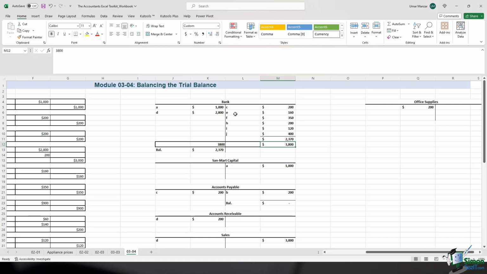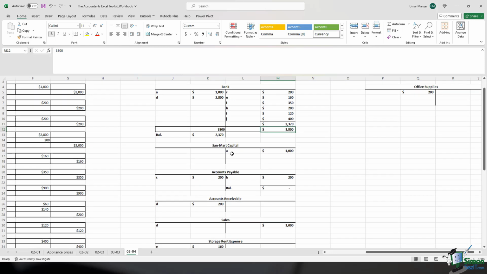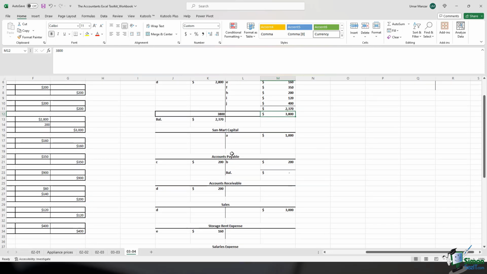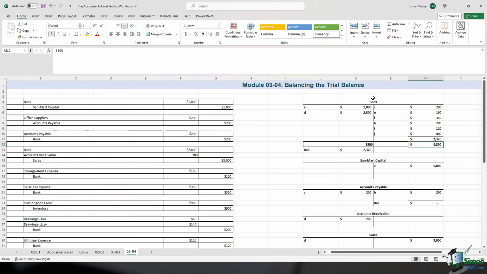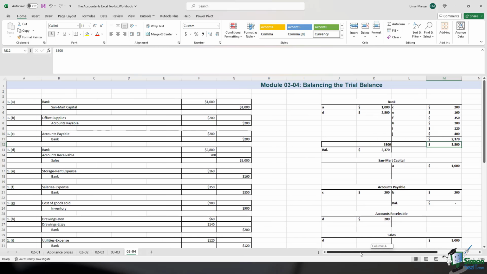The journey to this trial balance involves a dance with ledger accounts. Balancing of these accounts is akin to a meticulous tango, especially when accounts are adorned with both debit and credit entries. When you look at the left and the right hand side of our spreadsheet, you can start to make sense of what exactly is happening.